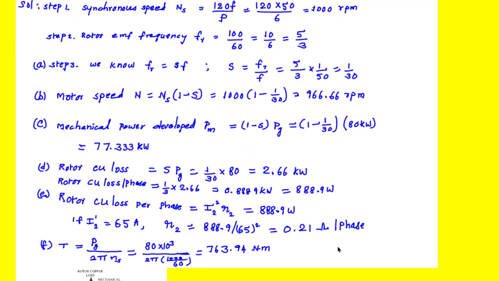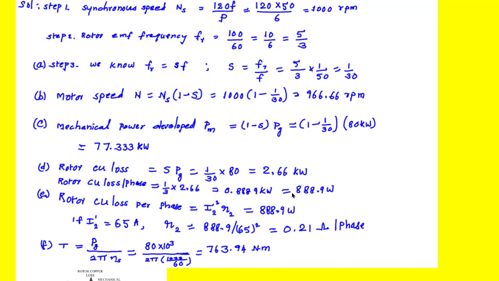So next, the E bit. The rotor copper loss per phase was calculated earlier. But additionally, if the rotor current is 65 amperes, what is the rotor resistance?